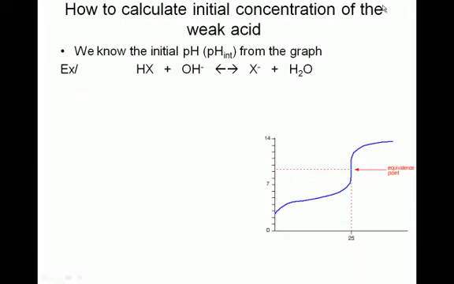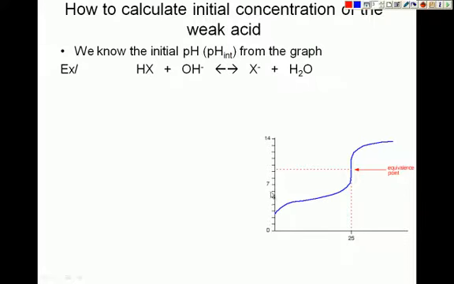Now, how can we calculate the initial concentration of the weak acid? So right here is the initial pH of the weak acid, but what we want to know is the initial concentration of that.